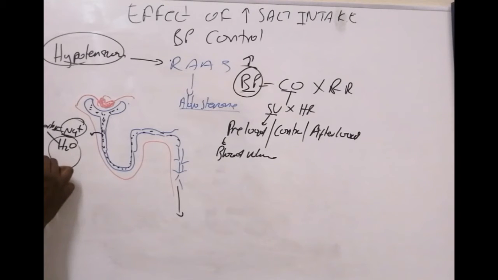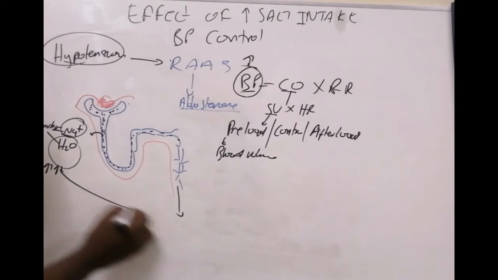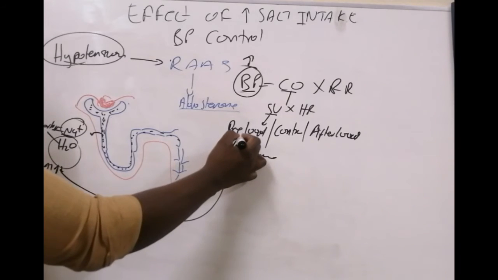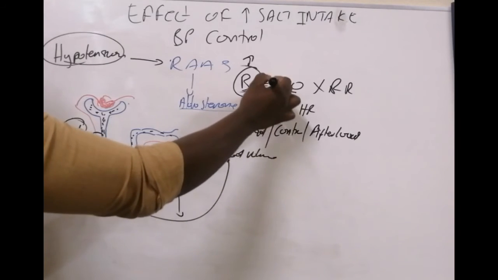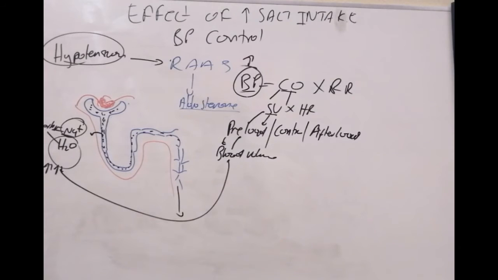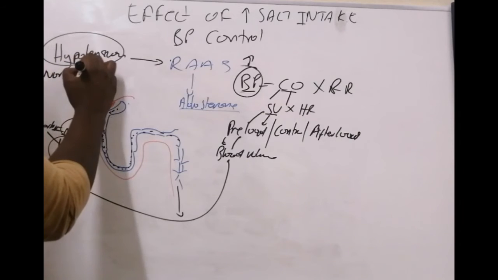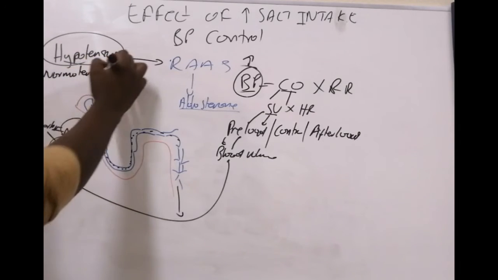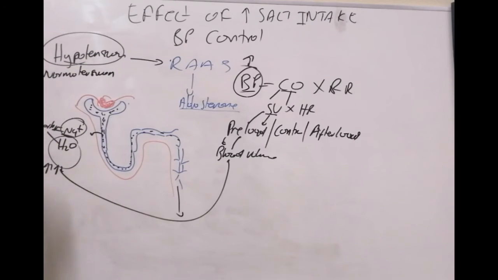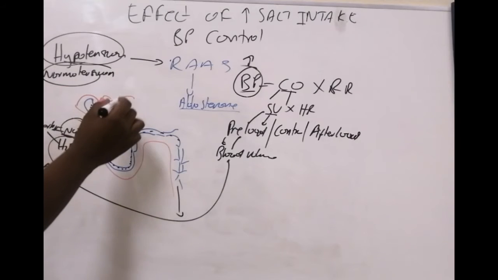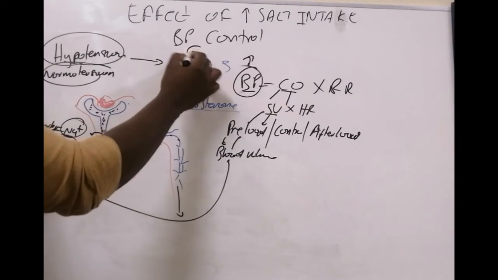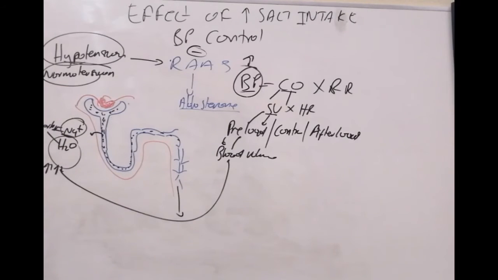and then the more water molecules you reabsorb, your blood volume will increase, and this will increase this and that and that and this, and then you get to a state whereby you have achieved normotension. Once you achieve normotension, this RAAS system will shut off again.